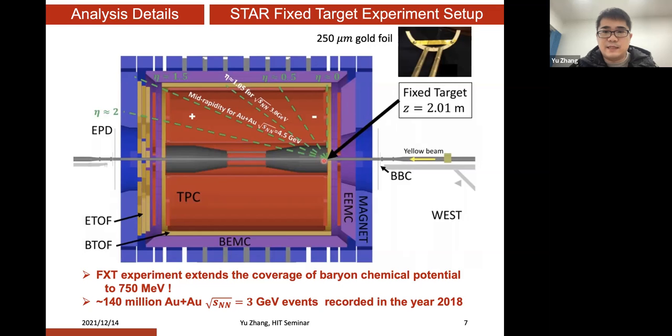It is placed at the entrance of the TPC detector. One important point for the fixed-target experiment is that it can extend the coverage of baryon chemical potential up to 750 MeV. In the analysis, about 140 million events are used that were recorded in the year 2018.